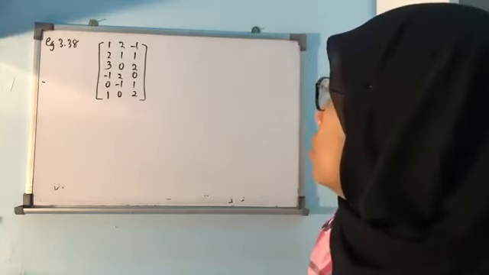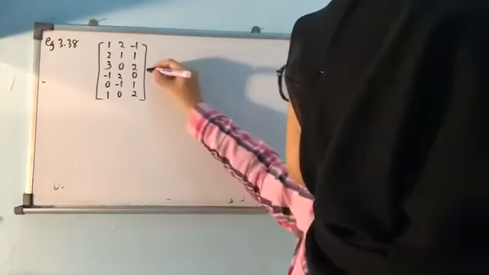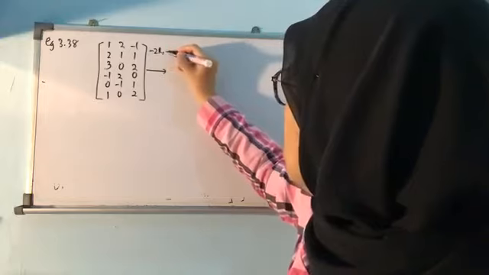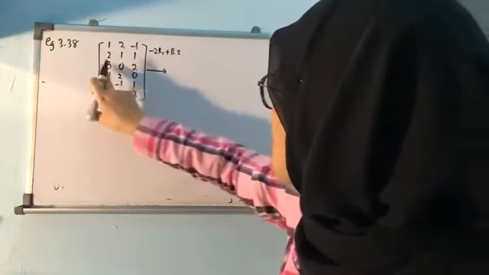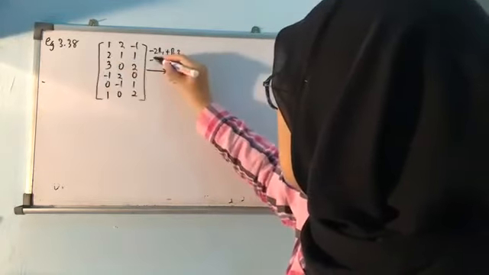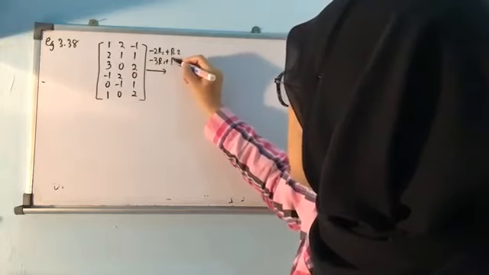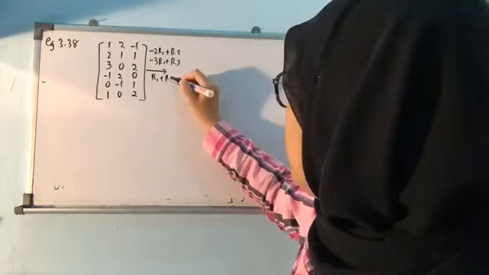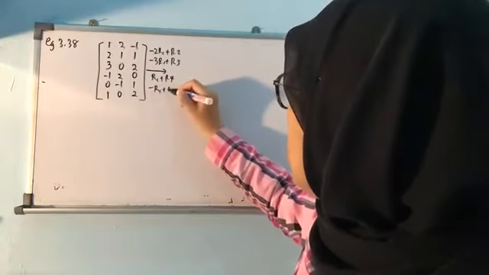Okay, so reduce this. It's long. Negative 2 row 1 plus row 2. Negative 3 row 1 plus row 3. Row 1 plus row 4. Negative row 1 plus row 5.